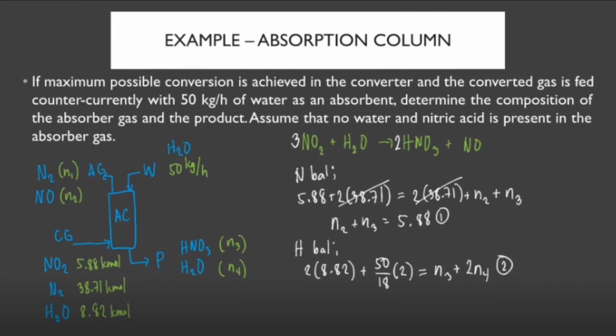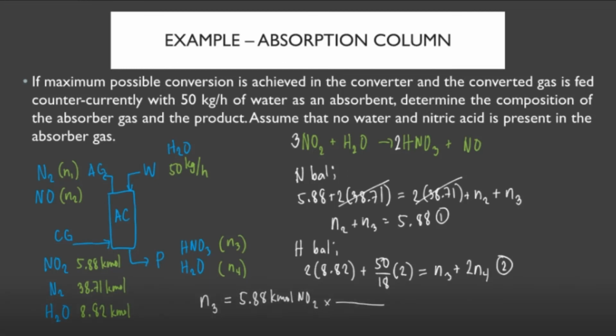Stoichiometry has taught us that we can relate the amount of NO2 in the converter gases to the amount of nitric acid in the product. So we can say that N3, which is the number of moles of nitric acid in the product, is equal to 5.88 kilomoles of NO2 coming from our converter gases, and this can be related to the amount of nitric acid by stoichiometry.